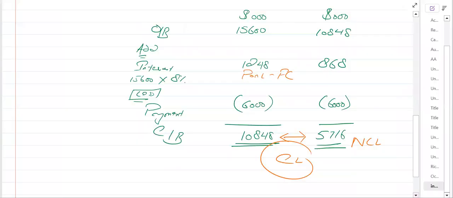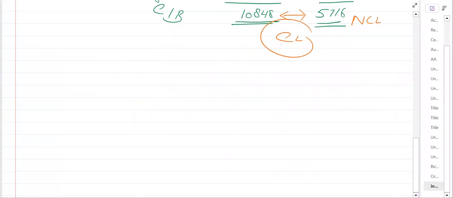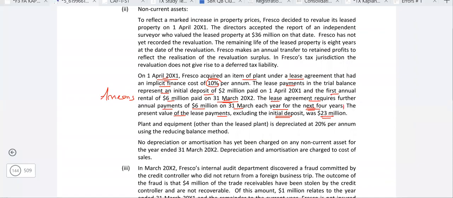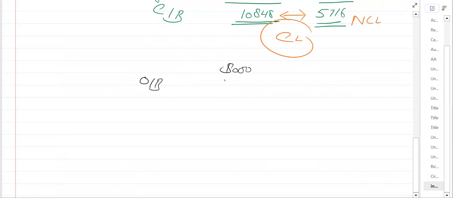So again, we take the opening balance, just like we did before, in dollars in 000. So 23 million means 23,000. And then we add the interest on it.